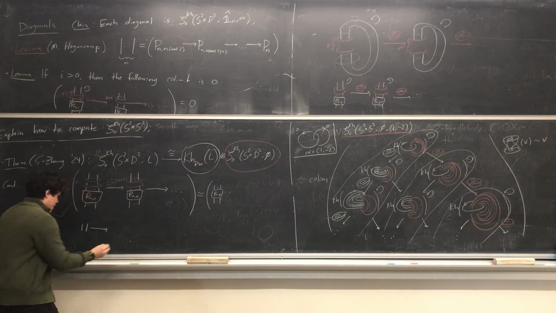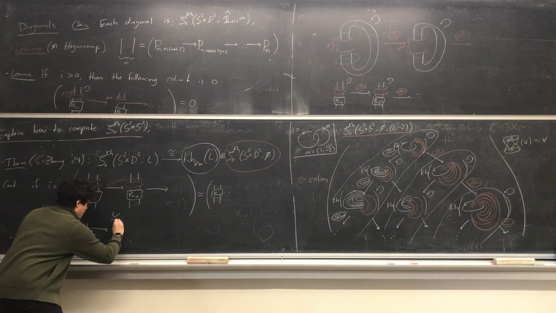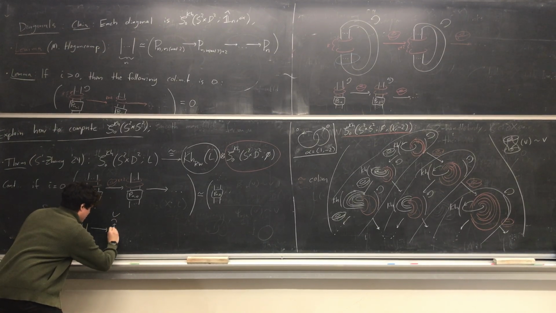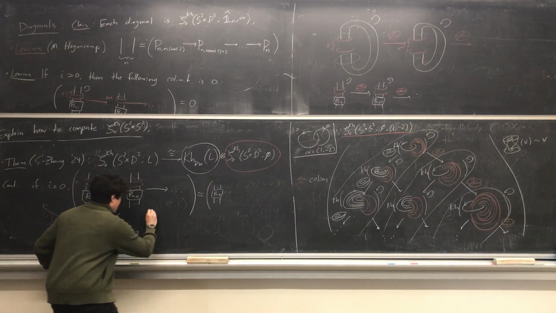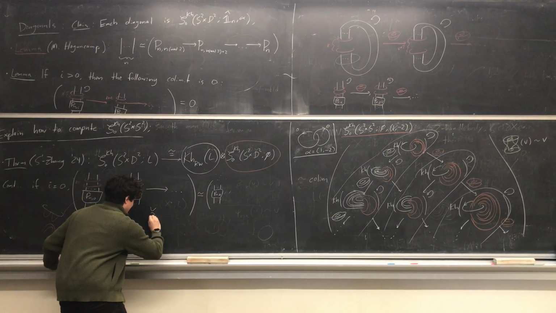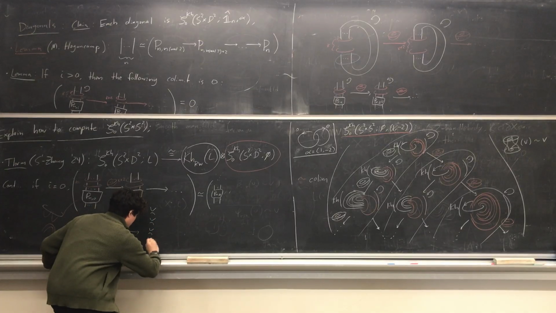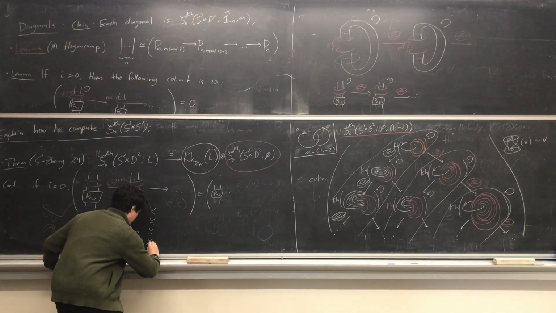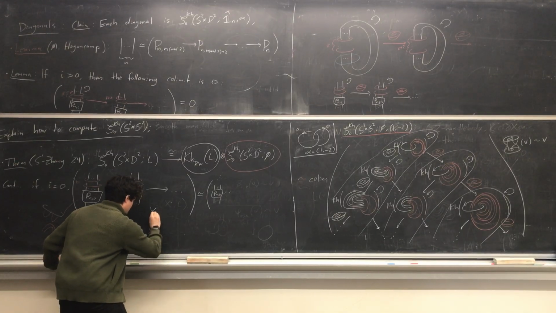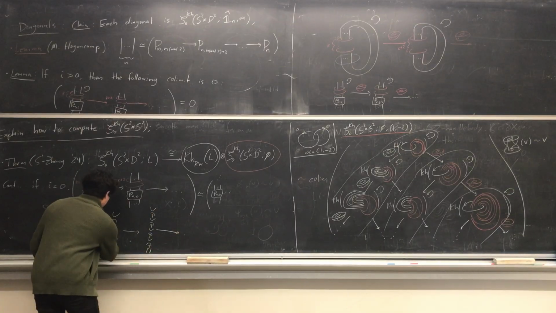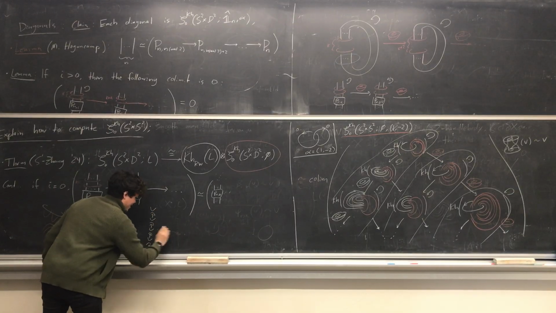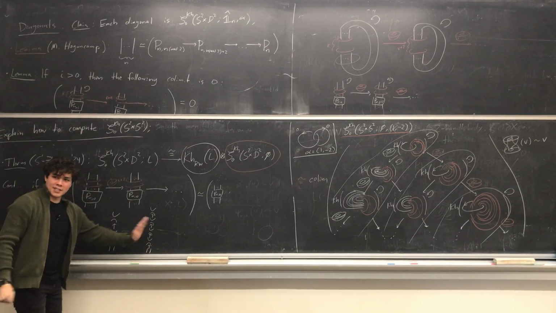So this is no full twists, and then maybe you have some. Like, what is the Khovanov complex? Okay, so this is what full twisting on 2 strands looks like.